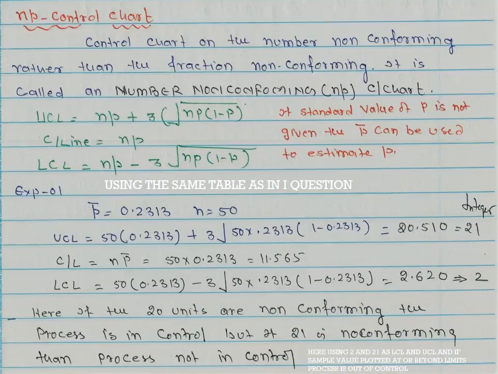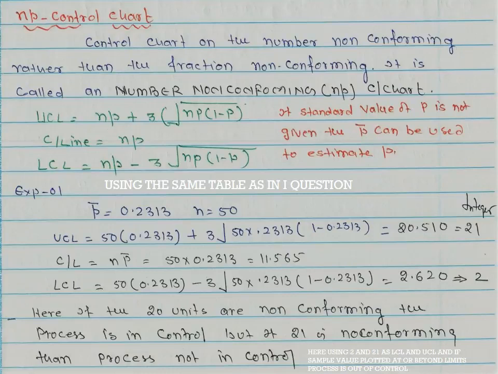The remaining process is identical, so we have to calculate. In the previous case we were taking the value of P. Here we take the NP because we are not calculating the fraction defective, so the UCL is NP plus 3 square root of NP(1 minus P).